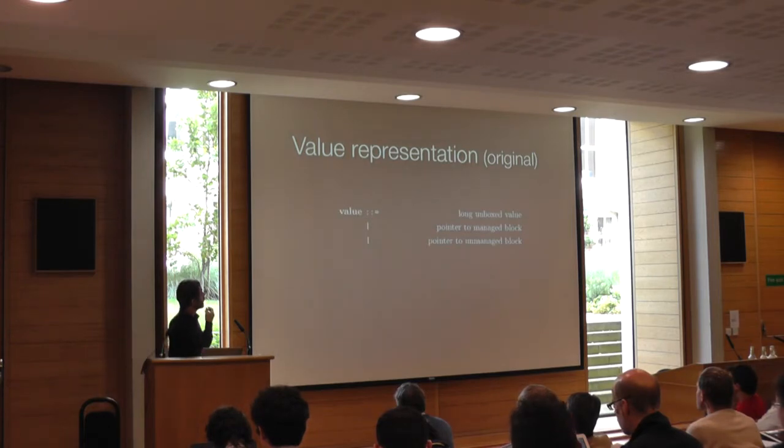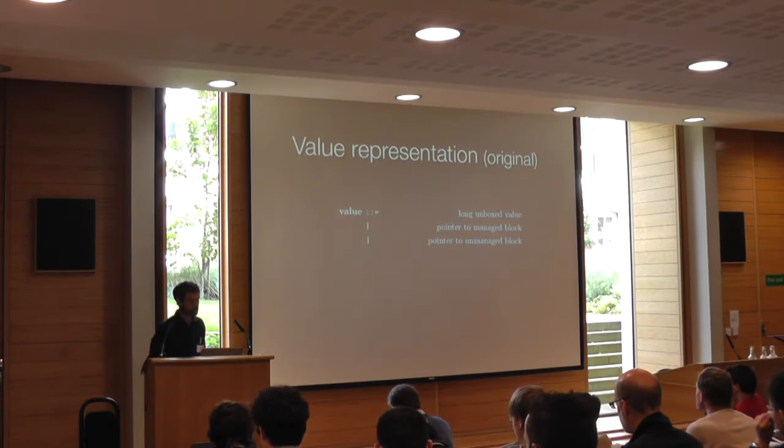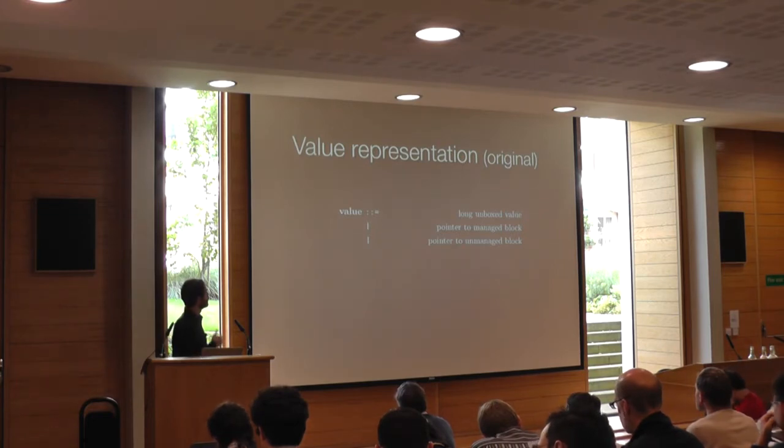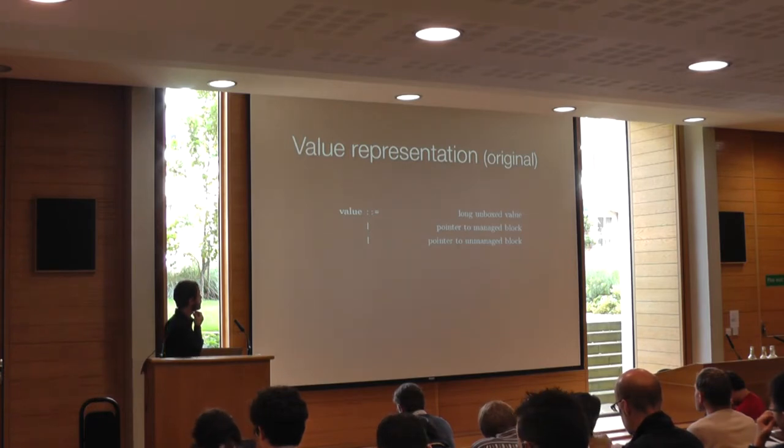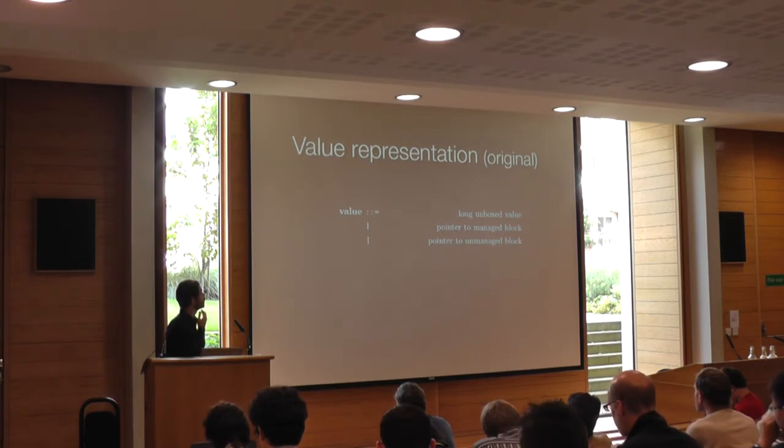So here I basically give a grammar of values as they are manipulated at runtime. A value can basically be of three kinds: a long and unboxed value, so a variant int, a pointer to a managed block, and a pointer to an unmanaged block.